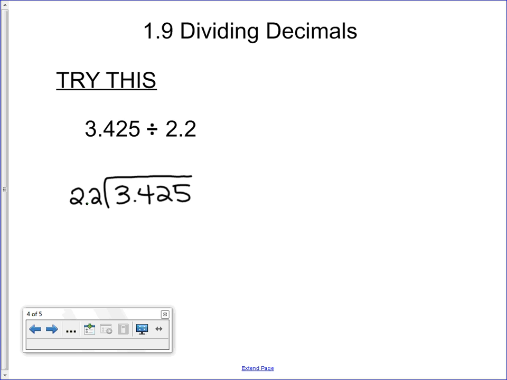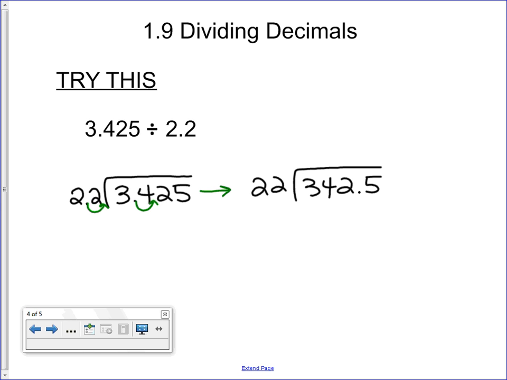That number would have the decimal point over one spot, as well as the one on the inside, the decimal point would be over one spot. So the new problem that we would set up would be 342.5 divided by 22.